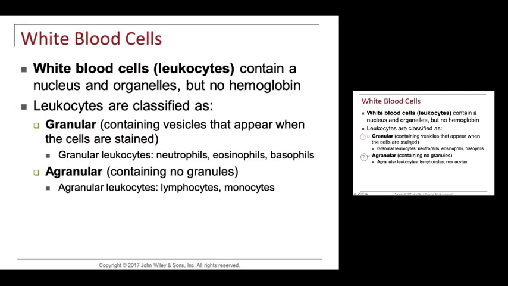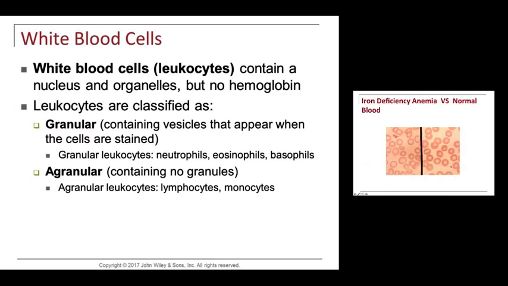If the cytoplasm has vesicles that can be stained, then they're granular. If they don't, then they're A, which means without, agranular. The granular ones I call BEN: basophil, eosinophil, and neutrophil. The agranular cells are L and M: lymphocyte and monocyte. There are some unique characteristics to each.